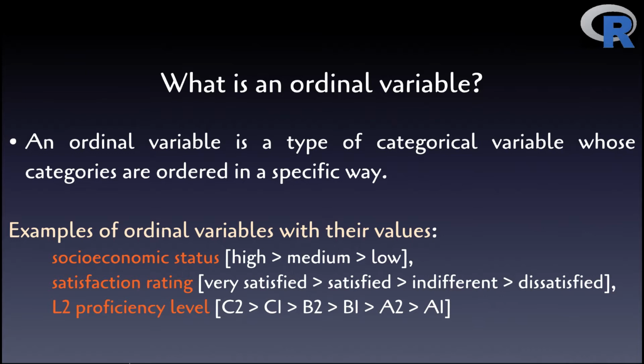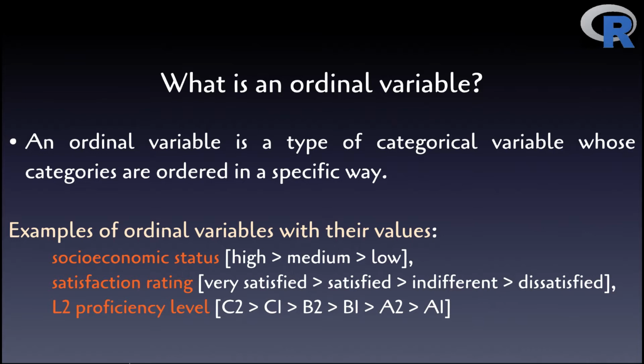For instance, the socioeconomic status of people in a specific region can be thought of as an ordinal variable that takes as its potential values low, medium, and high. Probably the value for the socioeconomic status is related to a person's income, the area that they live in, and other parameters that are taken into account.